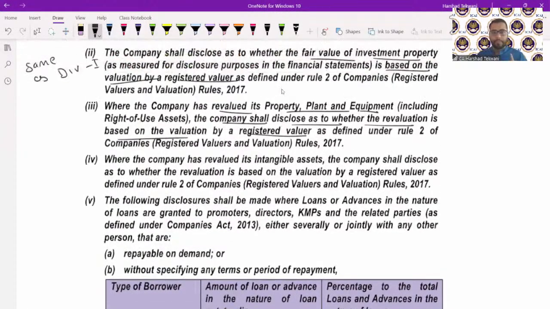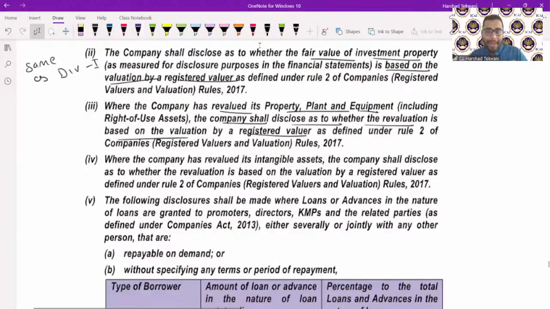In Division 1, when we discussed property, plant and equipment and their revaluation, we discussed whether it has been revalued by a registered valuer or by the company.